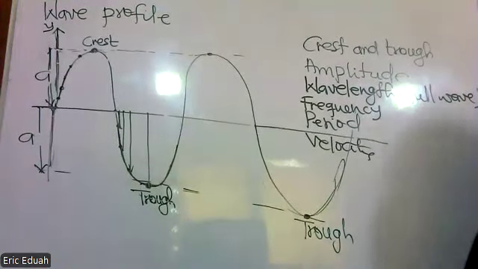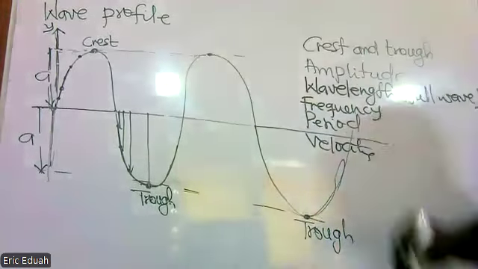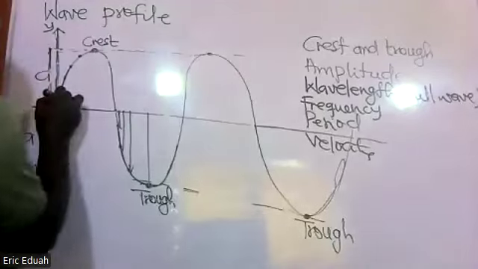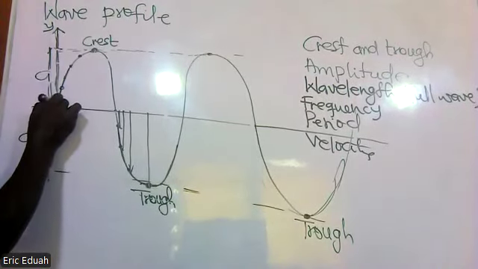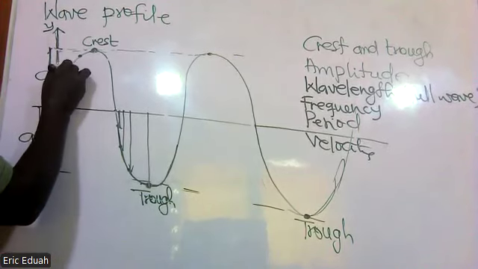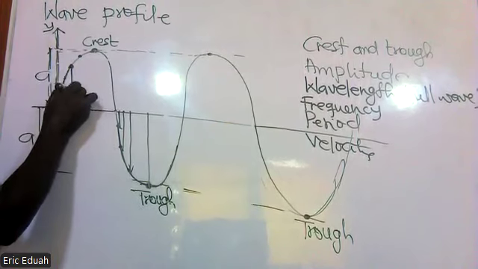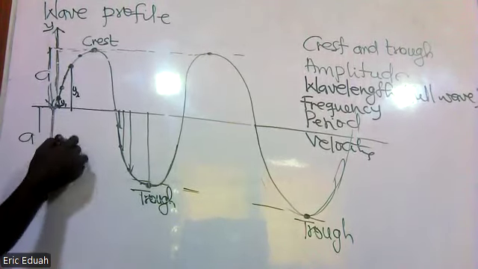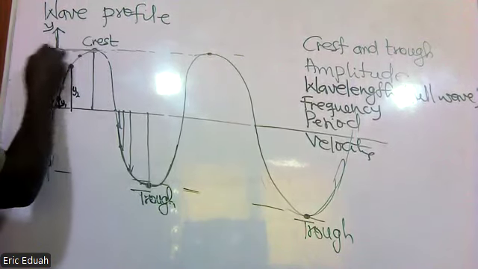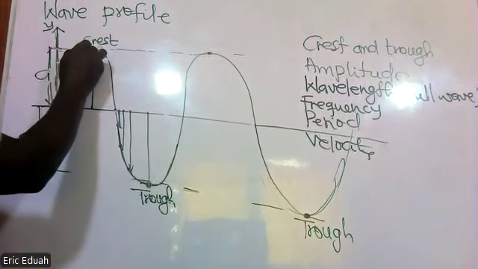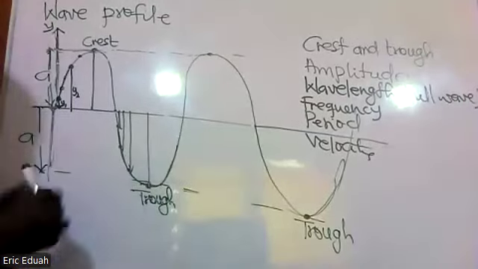So the displacement of the wave. This is displacement y1. A displacement y2 here is greater than y1. This is the maximum displacement of a vibrating particle, where the amplitude is measured from.